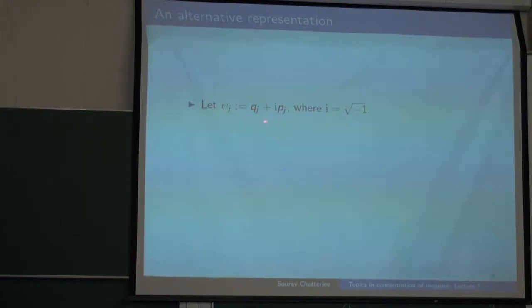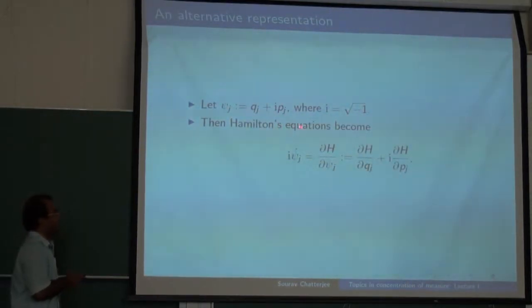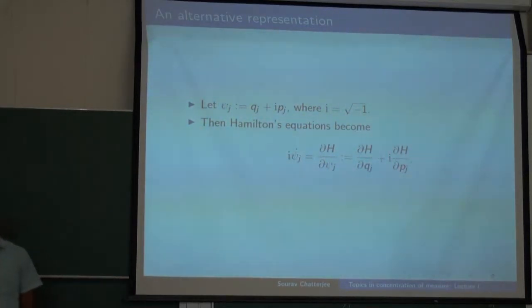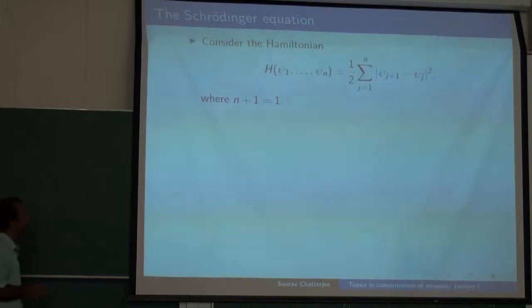You have the position and the momentum, and you can combine them formally into position plus i times the momentum, where i is the square root of minus 1. In this case, the equations become i times d psi j dt equals the derivative of the Hamiltonian with respect to psi j. So that's another way of writing Hamilton's equations in terms of complex valued variables.